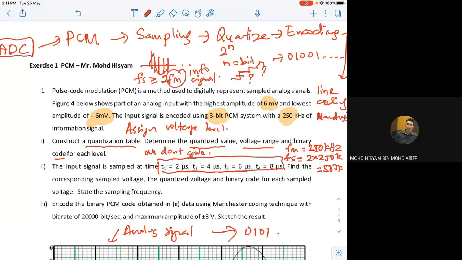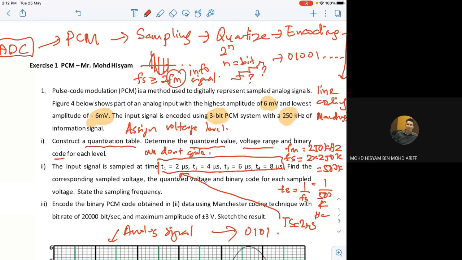You must find the sampling time. Time sampling Ts equals 1 over Fs, equals 1 divided by 500 kilohertz, so you get 2 microsecond. In this question it is already given: 2 microsecond, 4 microsecond, 6 microsecond and 8 microsecond.